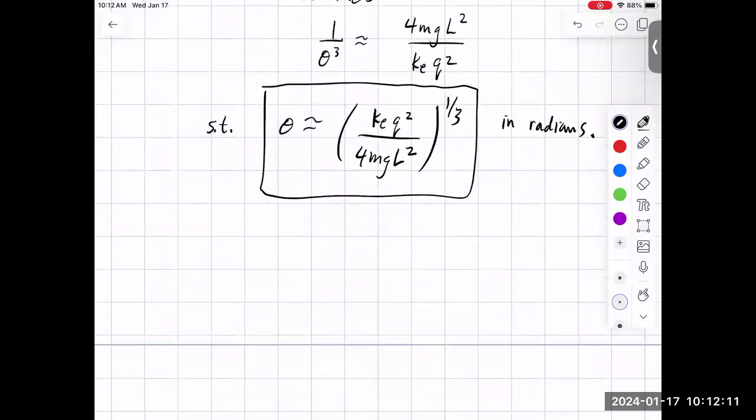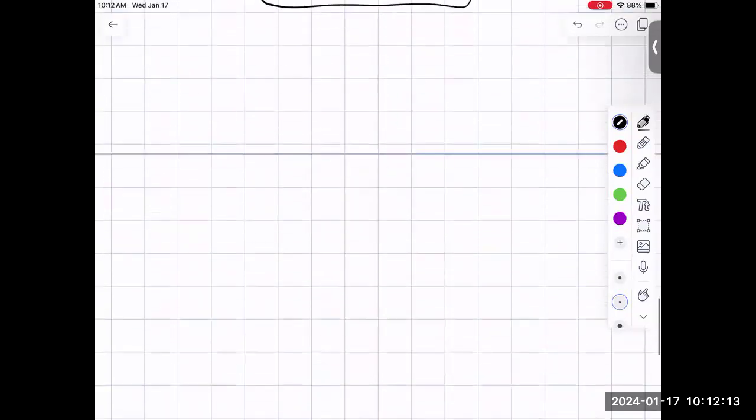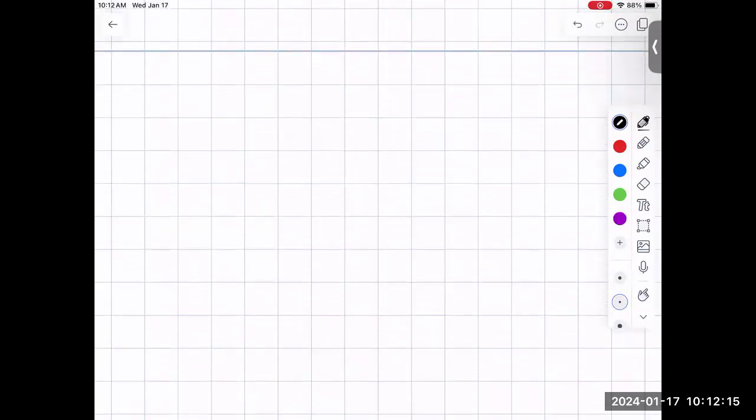Okay, good. So what I want to do next is to revisit Coulomb's law, but I want to see if we can include more information. Coulomb's law is an expression for force, and force is a vector. So it has a strength, a magnitude, and also a direction. What we wrote down at the beginning of class was just an expression for only the magnitude, or the strength, of the force.